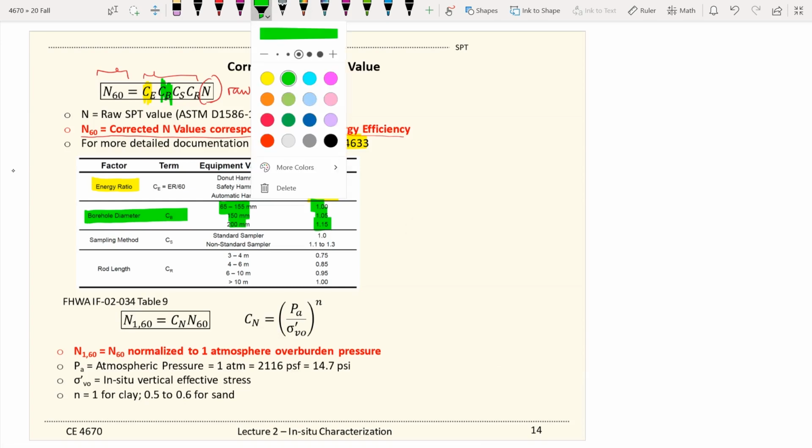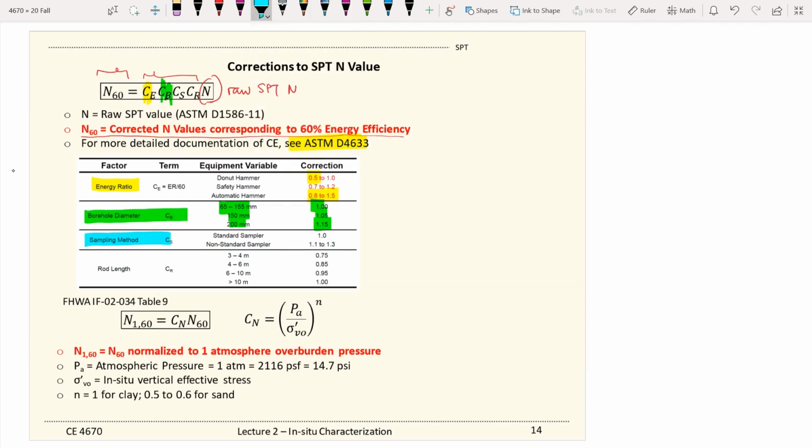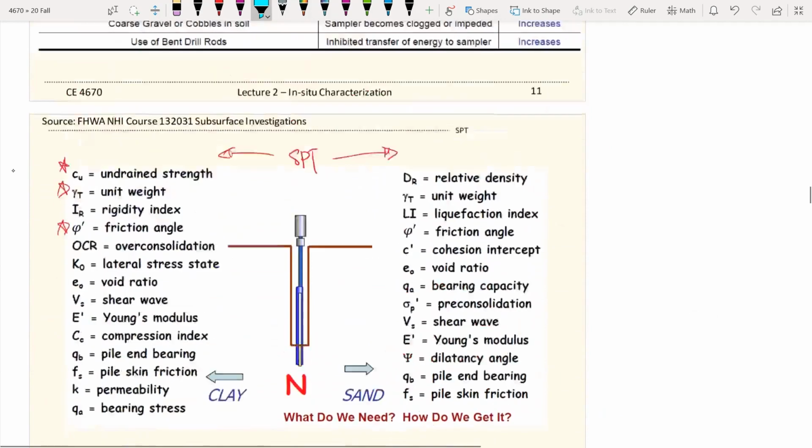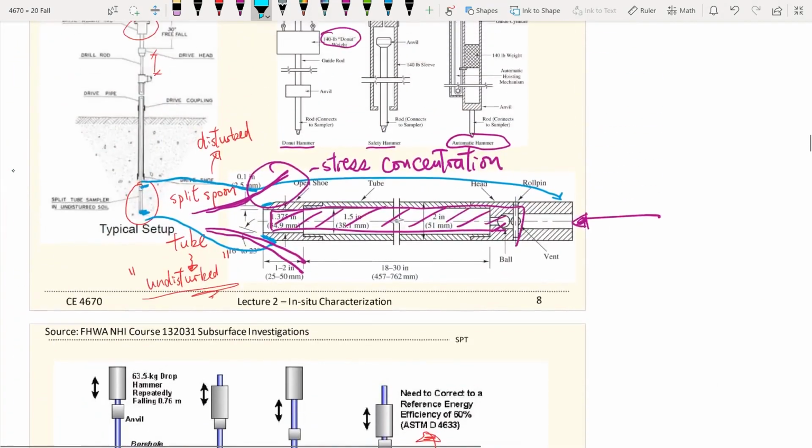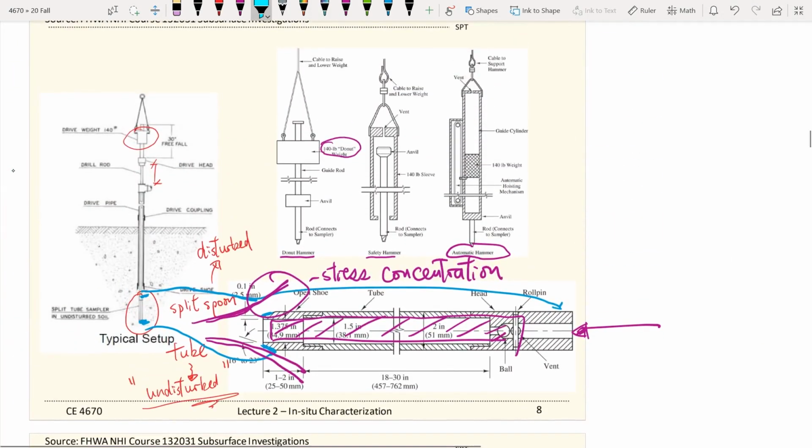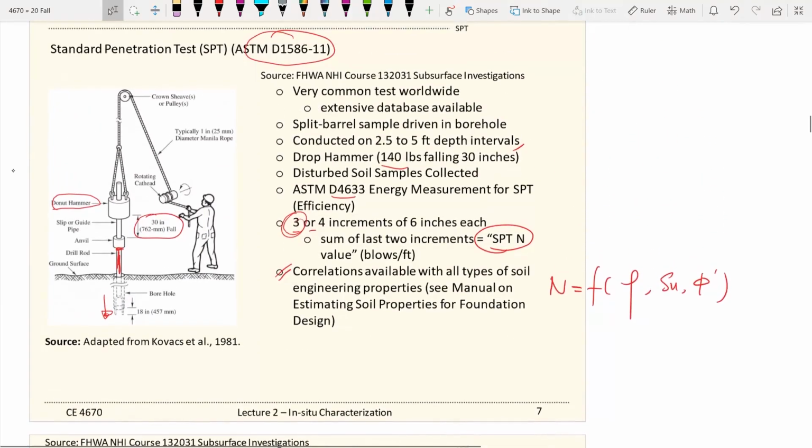And the next one is the sampling method, C sub S. If you are using a standard sampler, then the baseline correction is just 1.0. But if you have a non-standard sampler, then depending on the sampler, you may need to change the number. And also the rod length. We mentioned previously, there's a rod connecting. There's a dual rod right there connecting.